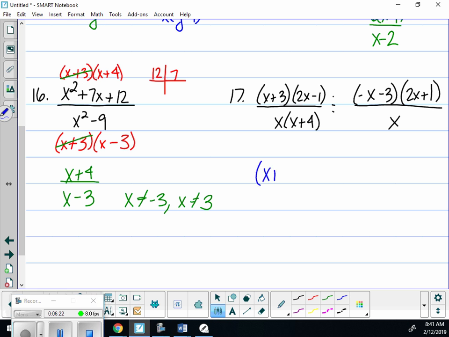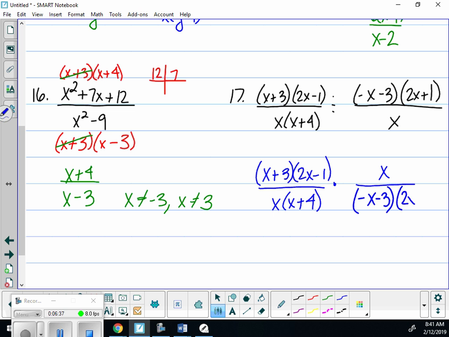Since it's division, we are going to take the second fraction and flip it. So x plus 3, 2x minus 1, x plus 4, x.